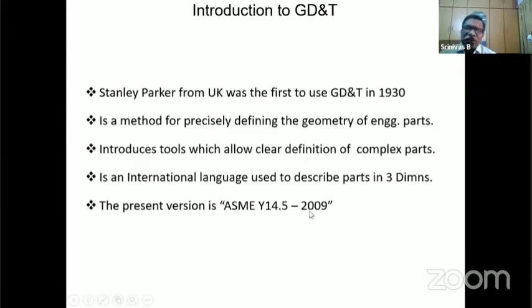Actually, this is also a little older one. 2009 means several years have gone by. The latest is 2018, which was released in 2019. However, not all industry has opted for 18 yet. Still, people are following ASME Y14.5 2009.